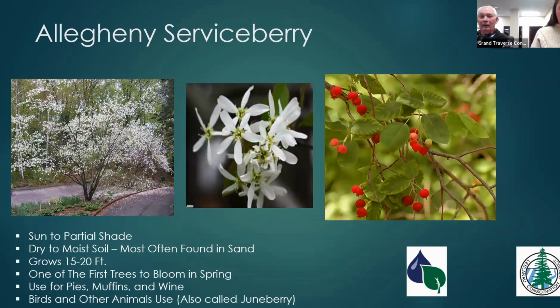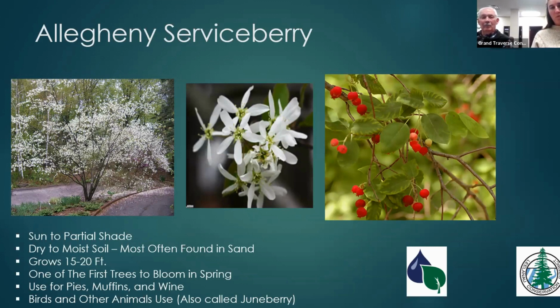Allegheny serviceberry. We have a lot of it around here, especially in our state forest. It is the first tree to bloom in the spring of the year, and it's used as a benchmark as to how things are doing.